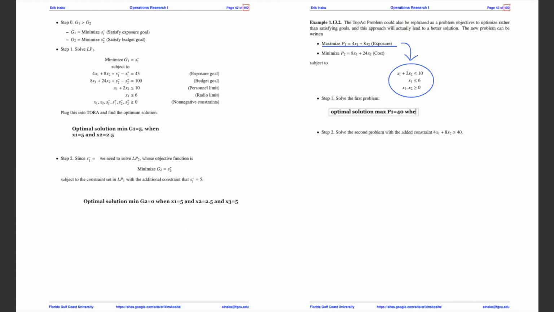Again, we're reaching 40 million people when we have only TV commercial for 5 minutes and no radio commercial. Let's see how much that's going to cost us.